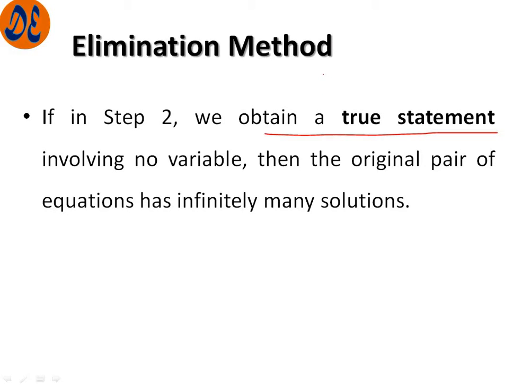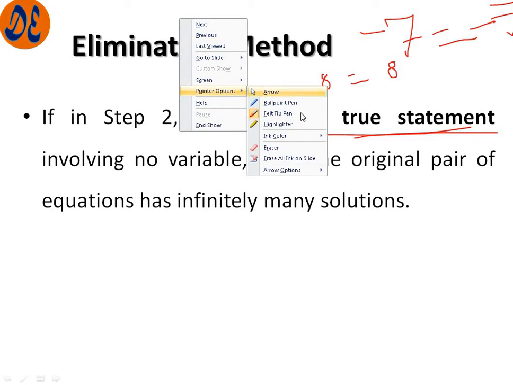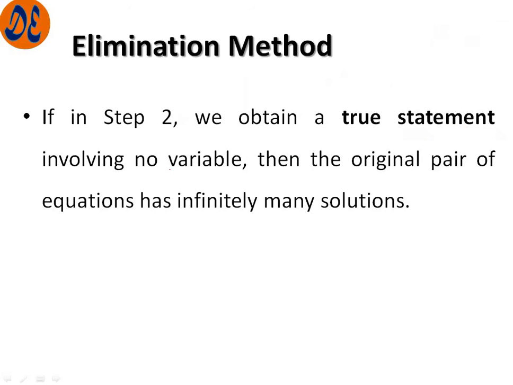And we get an equation like 8 is equal to 8. This type of equation is called a true statement. Or if we get -7 is equal to -7, that is also called a true statement. If we get a true statement, that means the equations will have solutions, but the number of solutions will be infinite.